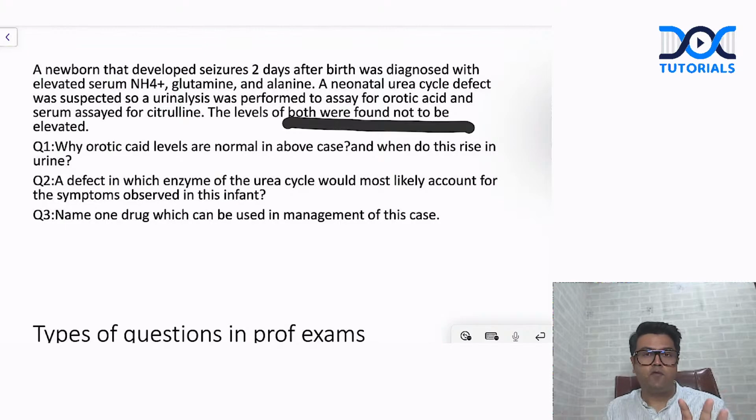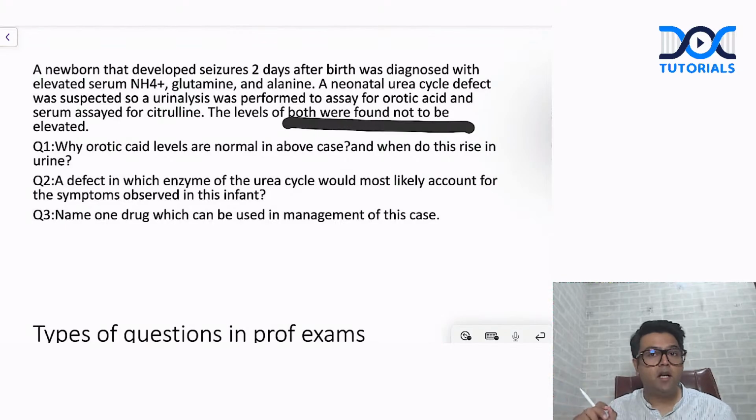Suppose I ask you, what is the activator of urea cycle? You know it is N-acetyl glutamate, so just highlight it. Like if I ask you why there is uric acid, I mean urea, in type 2 hyperammonemia, and you know the reason but have less time, just write the most important line and highlight it.